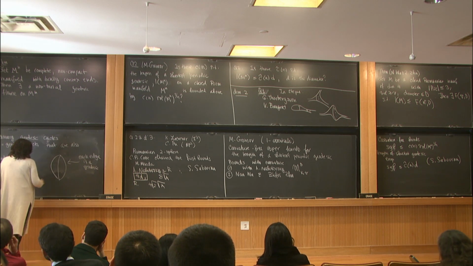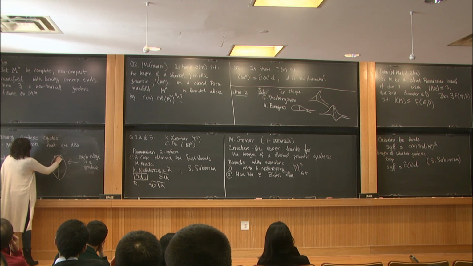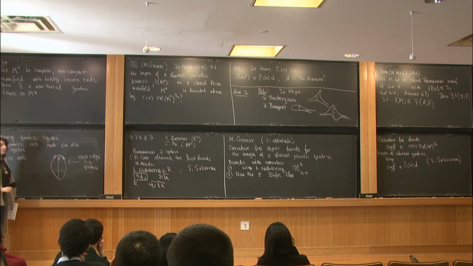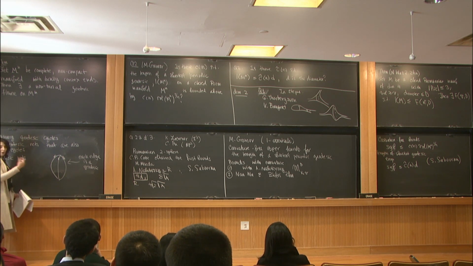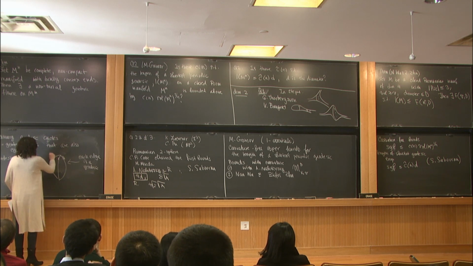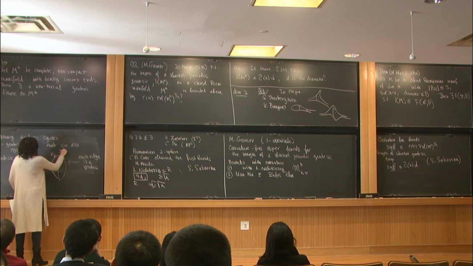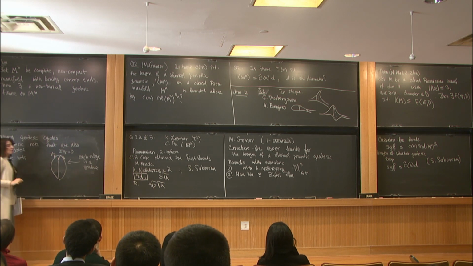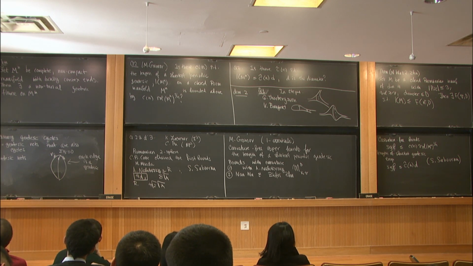At each vertex you have a stationarity condition: if you look at the unit tangent vectors emerging out of the vertex, their sum is equal to 0. So those are critical points of the length or energy functional on the space of graphs.